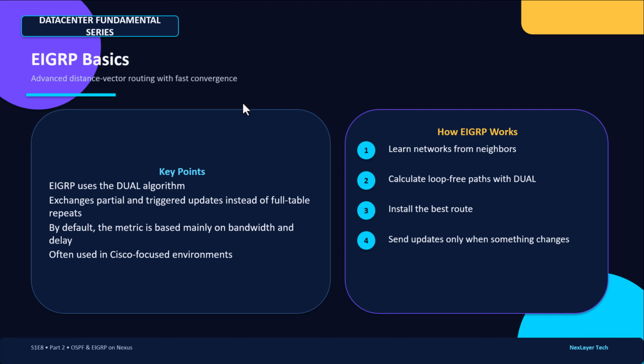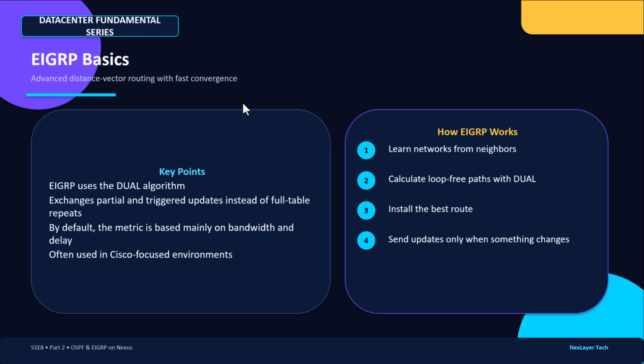EIGRP uses an algorithm called the diffusing update algorithm, or DUAL. DUAL helps EIGRP calculate the best loop-free route toward the destination. It also helps the protocol react quickly when a network path changes or fails.